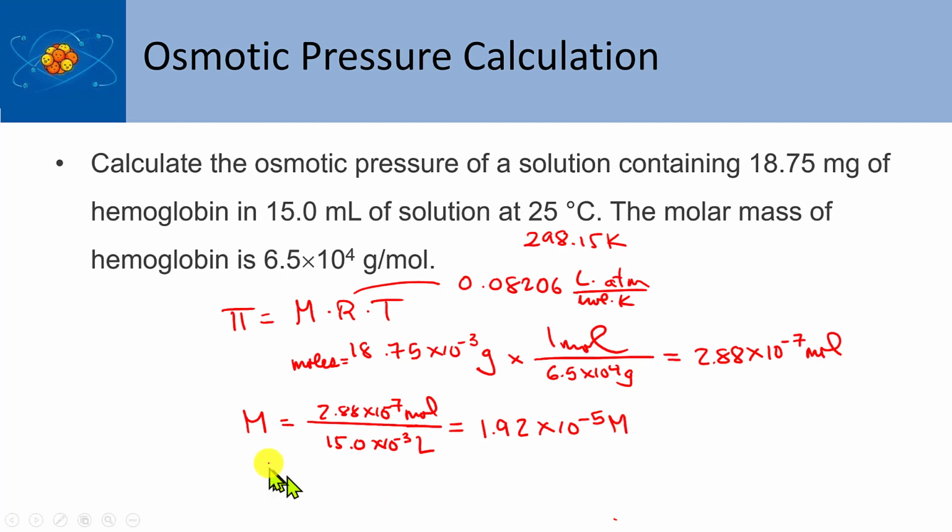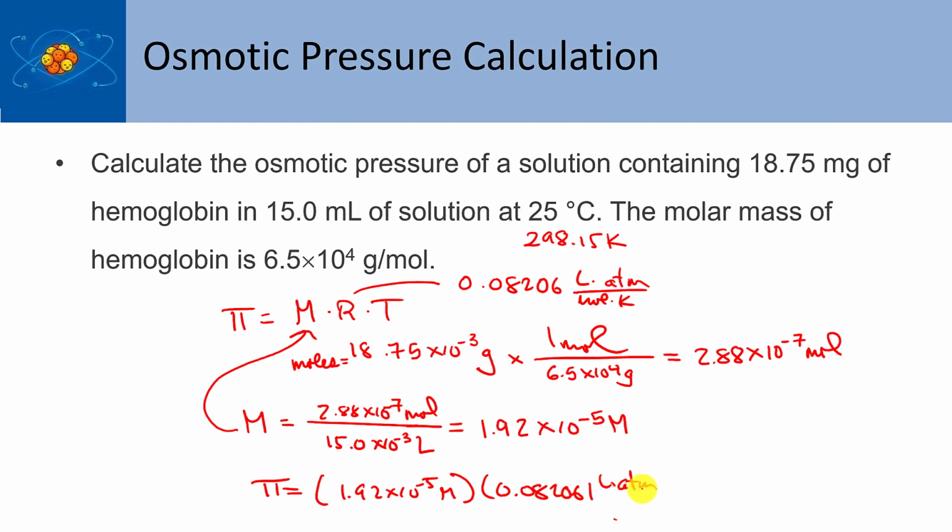And now all that's left to do is plug it into this equation. So I have pi equal to 1.92 times 10 to the minus 5th molarity times 0.08206 liters times atmospheres over moles times Kelvin times 298.15 Kelvin.